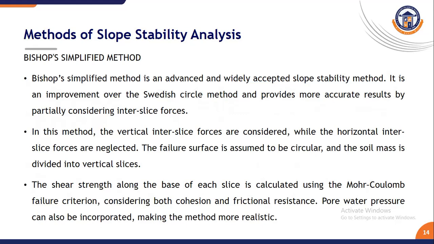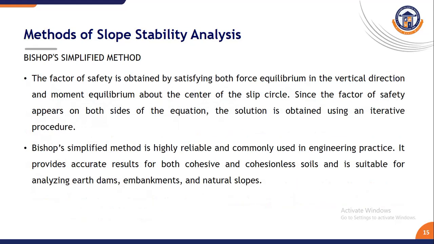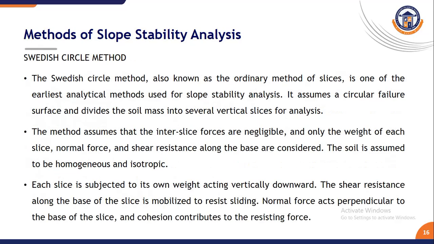The factor of safety is calculated by satisfying both force equilibrium and moment equilibrium. But the factor of safety appears on both sides of the equation, so an iterative solution is required. This method is suitable for both cohesive and cohesionless soil.